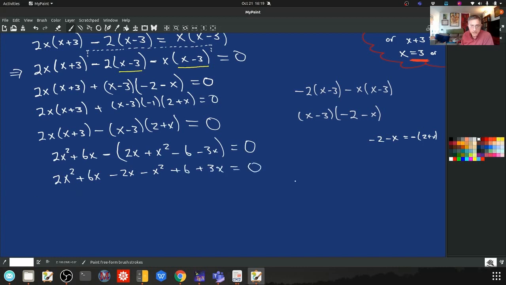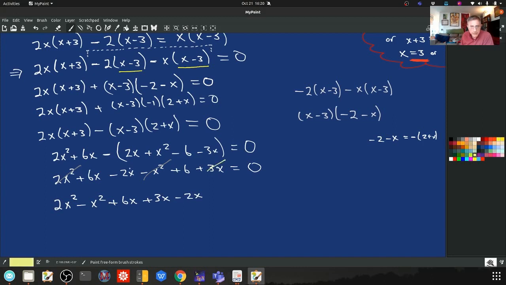So let's collect like terms. 2x squared minus x squared. So my x squared terms have been taken care of. Let's do our plus 6x plus 3x minus 2x.